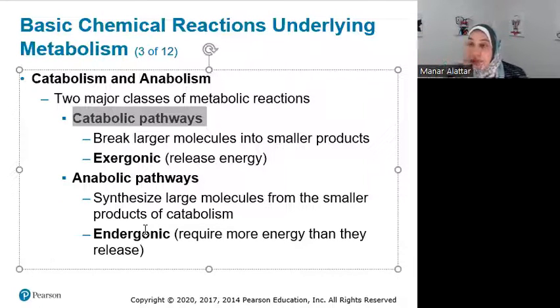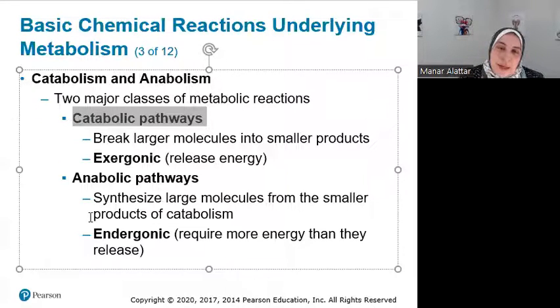Or it could be happening within the same cell, where you have a photosynthetic bacteria that is producing glucose and then breaking it down to release the energy from that glucose molecule. Producing glucose through photosynthesis is an anabolic process, and then breaking down that glucose through catabolic processes generates ATP, right?